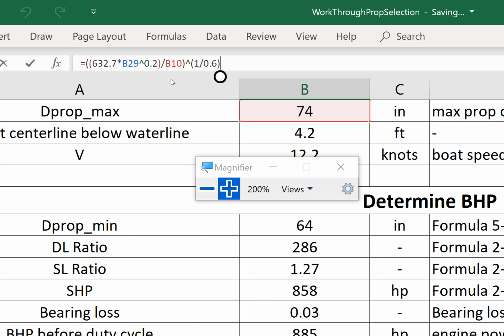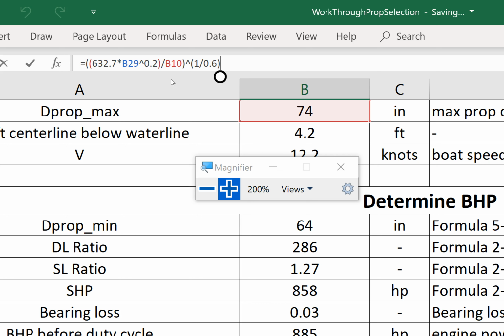We figured out some max values that we needed. We found some ratios. We figured out our SHP that we needed. We back calculated with friction losses and some corrections to figure out the actual brake horsepower we need inside the boat. Then we looked that up with the manufacturer. We found an engine. And then we're now going back the other way to find SHP.